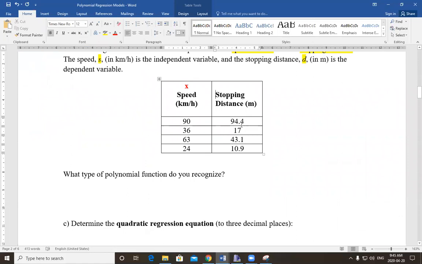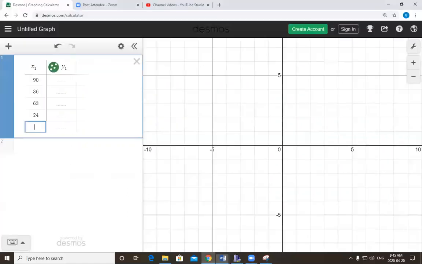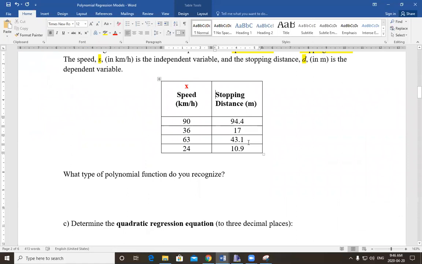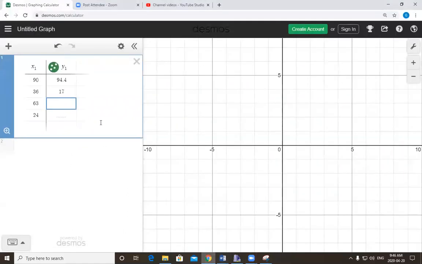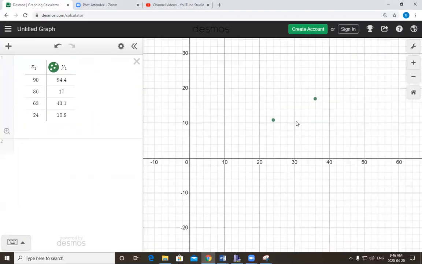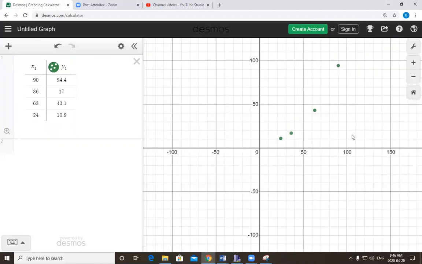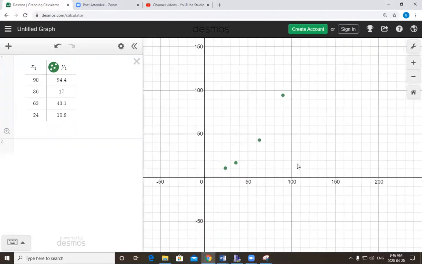And the stopping distance y: 94.4, 17, 43.1, and 10.9. Okay. Now we can't see anything, so we can zoom out a bit more, and there we go.